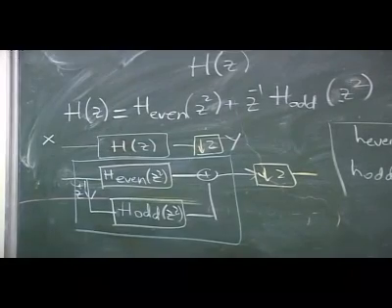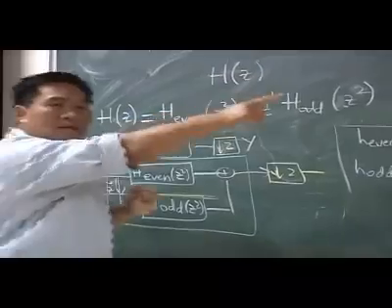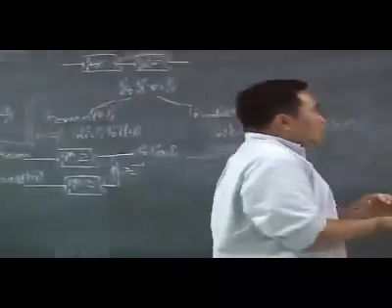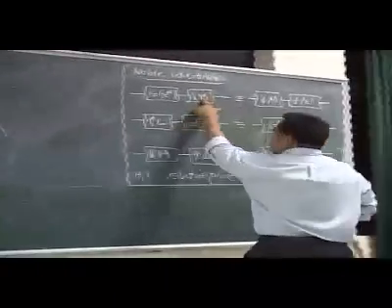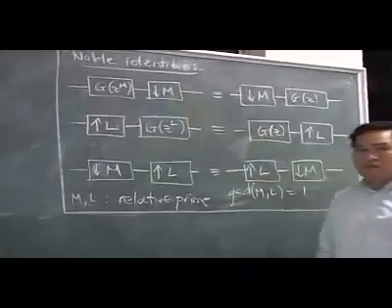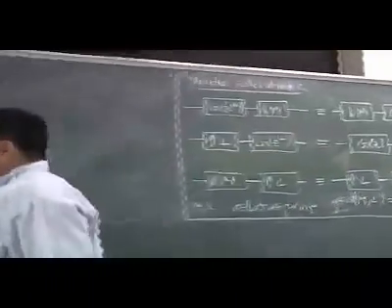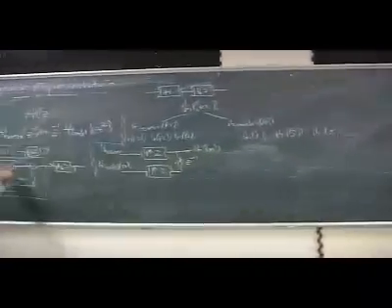Now, using this form, I can see the first noble identity. What do I see? If this is down by 2, if this is z square, I can interchange the operation. Do I have it there? Yes. Down by 2, z square.